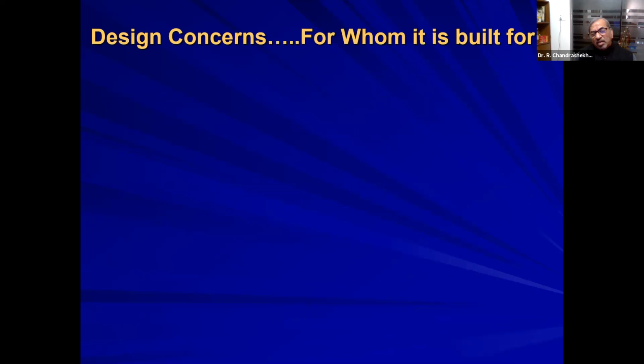Now, as students working on design, the design concern should be for whom it is built. We always try to work it out with whatever our exposure level is, and we try to take a decision. First is health and well-being.